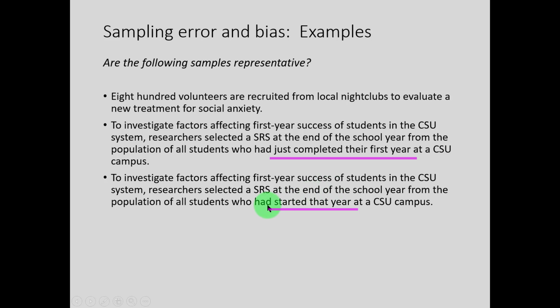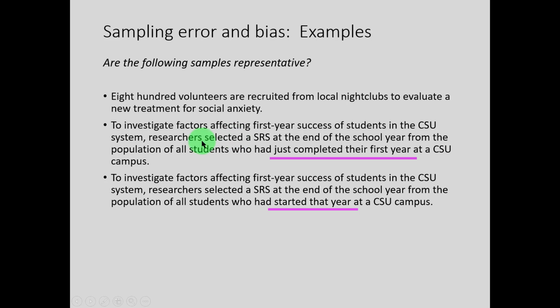Let's consider who starts the year and who completes the year. If you're only selecting from the individuals who completed their first year, then you are going to be excluding a group of individuals, potentially the group of individuals who dropped out, transferred out, or could not complete their first year for a number of reasons.